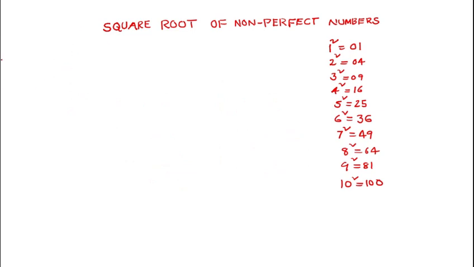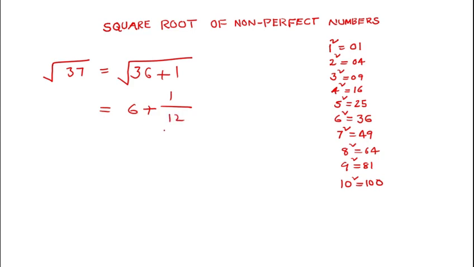If you see the square root of 37, how can we write it? 37 is in between 36 and 49. So the nearest we can take is 36 plus 1. Square root of 36 is 6, plus, write 1 as it is, 1 by 6 into 2, which is 12.